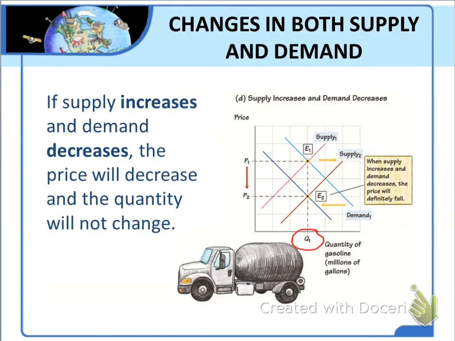The decrease in demand alone would cause the equilibrium quantity to fall, and the increase in supply alone would cause it to rise. So in this particular case, the two changes balanced each other out, resulting in no change in the equilibrium quantity. If the demand curve had shifted a bit more to the left, the equilibrium quantity would have fallen. If instead the supply curve had shifted a bit more to the right, the equilibrium quantity would have risen.